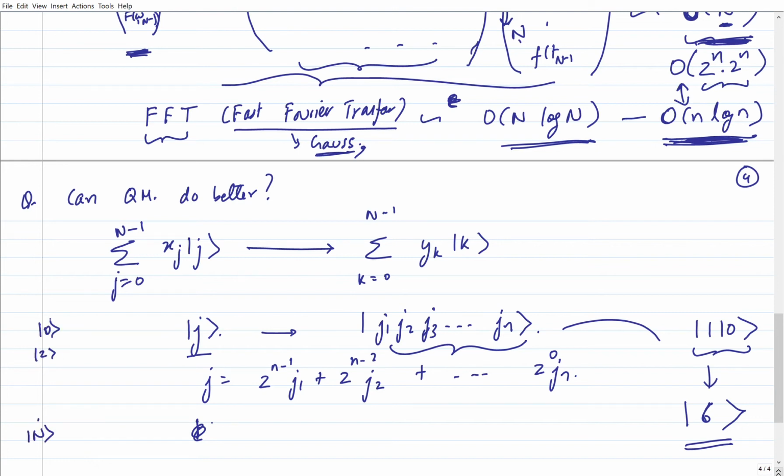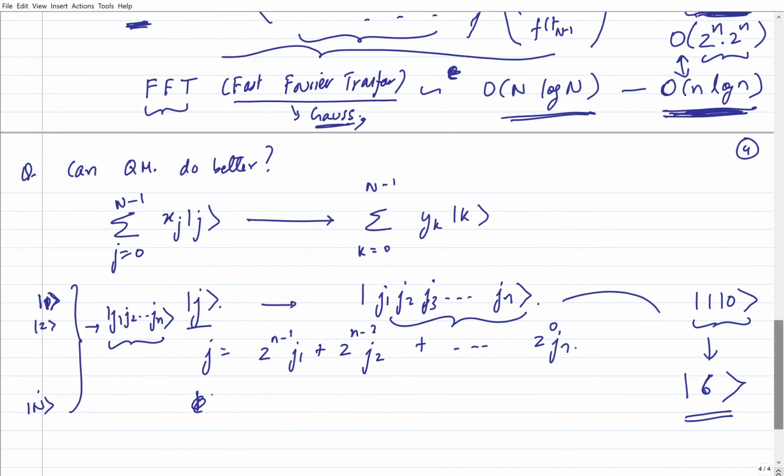Sorry, I can start from 0 or 1 maybe. And I can map it to the binary representation j1, j2, jn. And similarly, I can express this. Maybe this should be n minus 1.